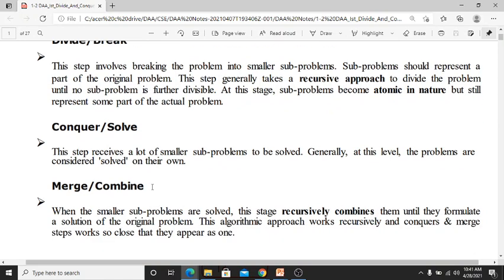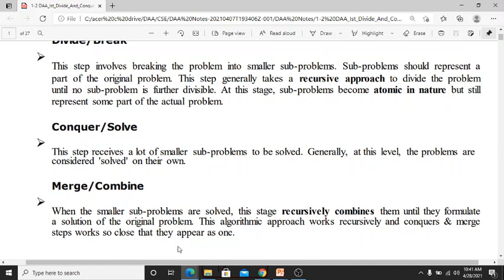And the last one, merge or combine. When the smaller sub problems are solved, this stage recursively combines them until they formulate a solution of the original problem.